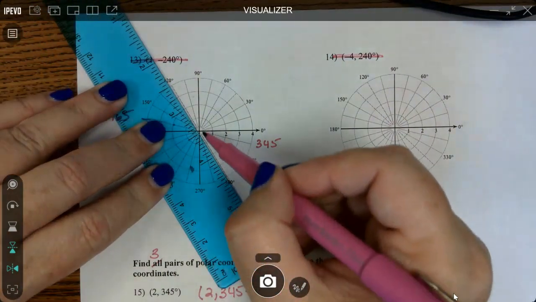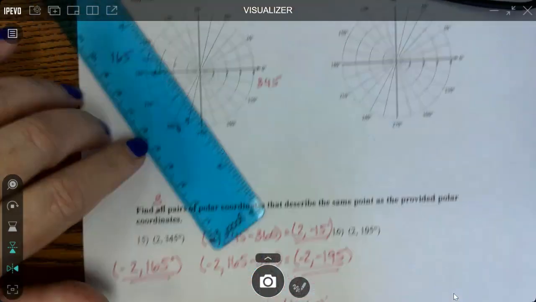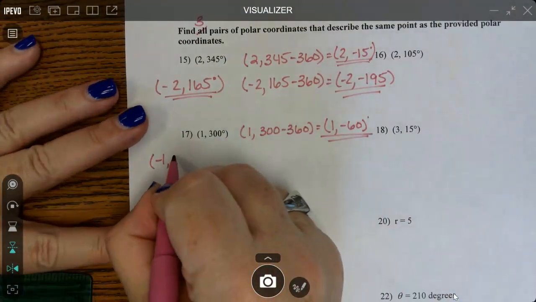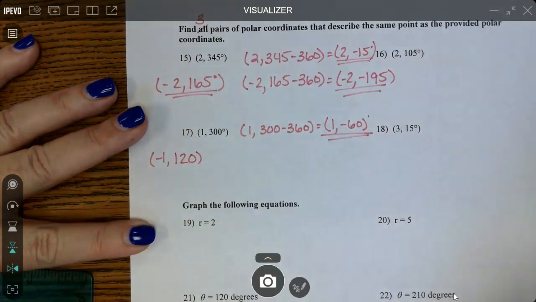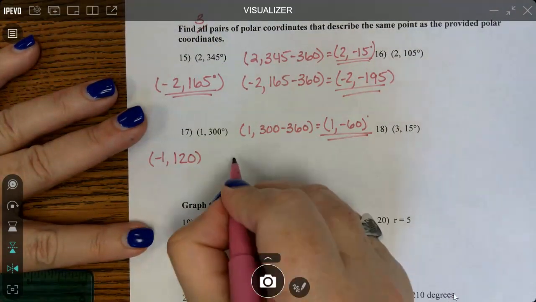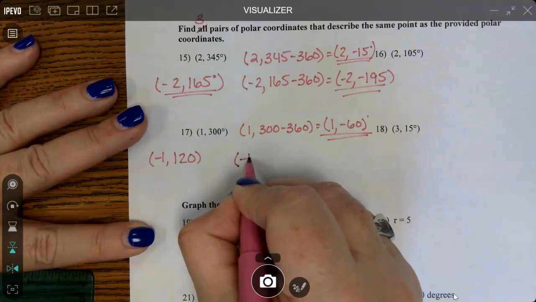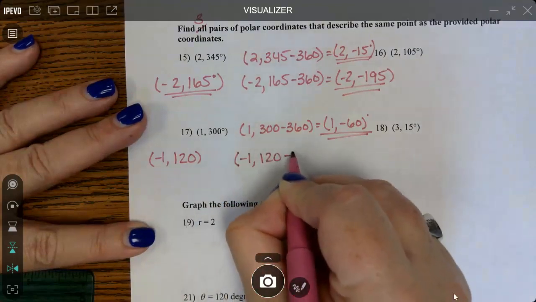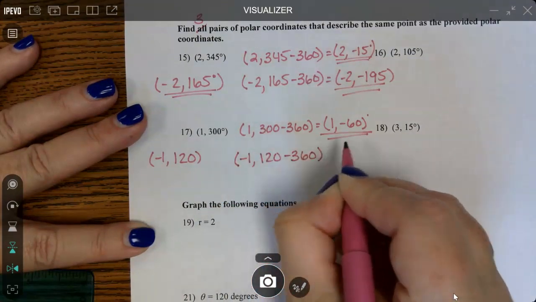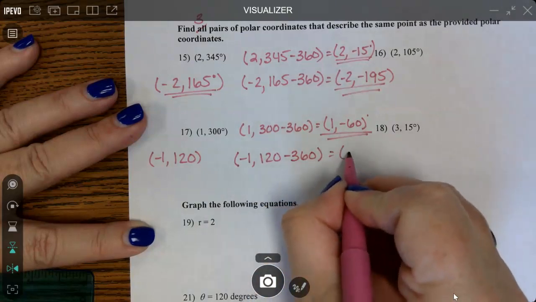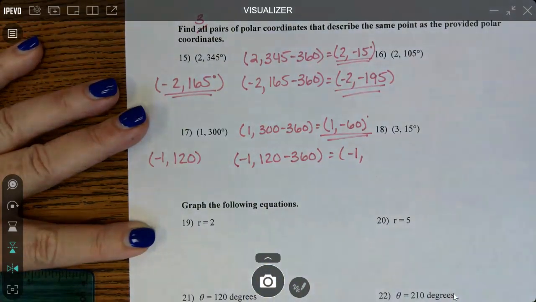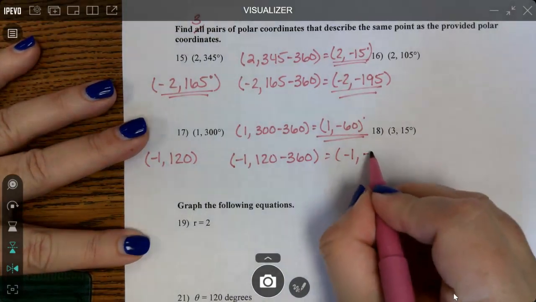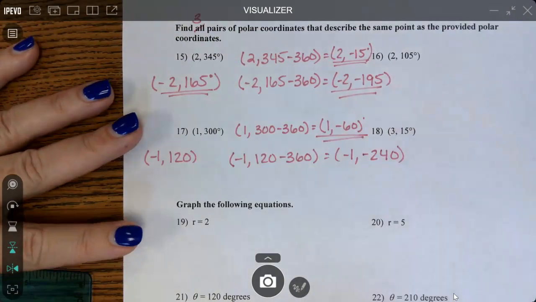What angle is right behind it? It's 120. Then it's going to be negative 1, and we're going to do 120 minus 360. And that'll be negative 1 and, is that negative 240? Negative 240.